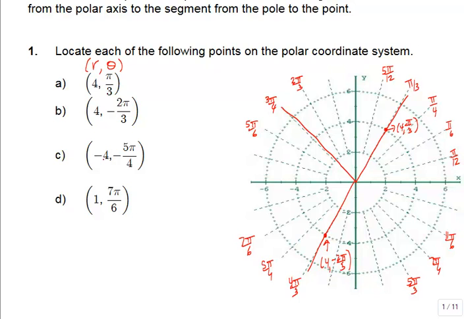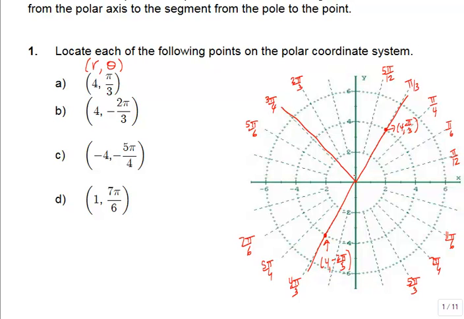However, our r this time is a negative 4. So how do you plot a negative r? Instead of going out along this ray a distance of 4, the negative is going to tell us to go in the opposite direction, but along this same ray.